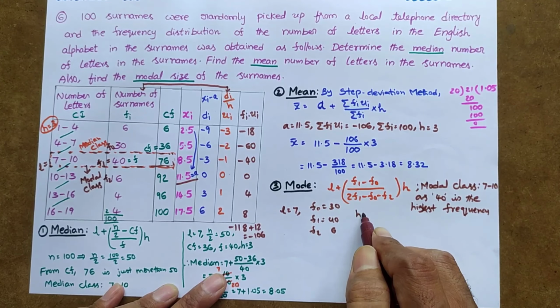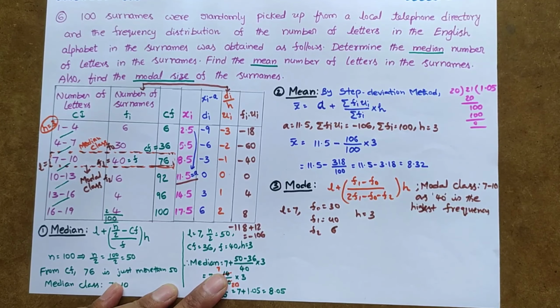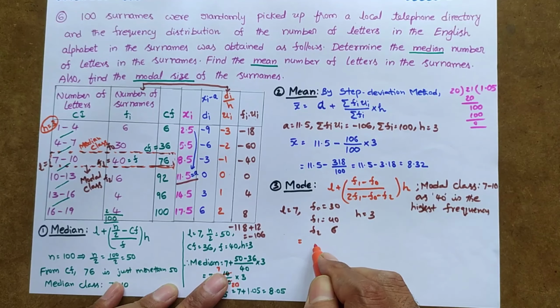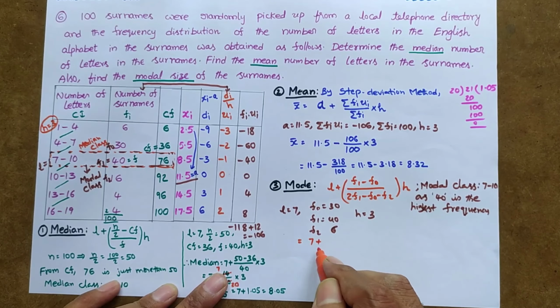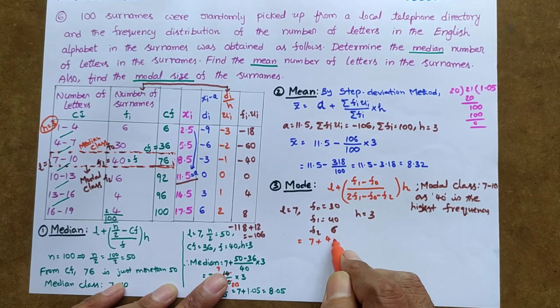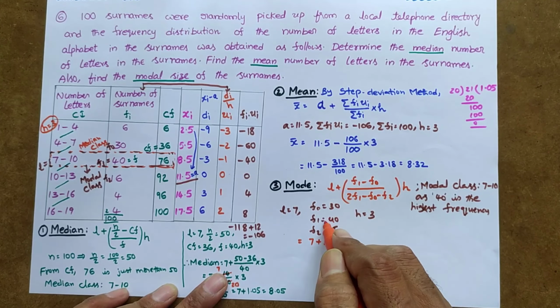Now let us substitute these values in the formula. Here L is 7 plus F1 minus F0, 40 minus 30, by 2 times F1, 2 into 40 is 80, minus F0 minus F2, so these two, minus 36, into H is 3, right?